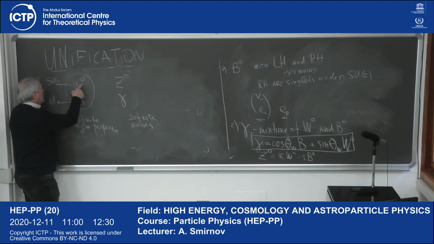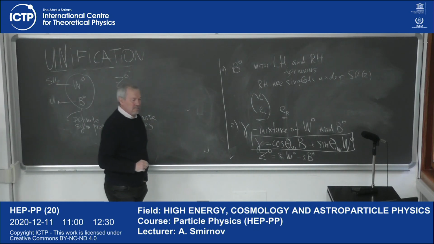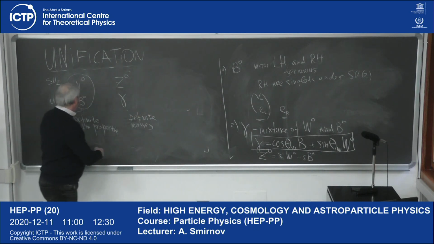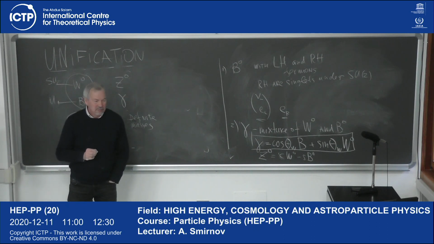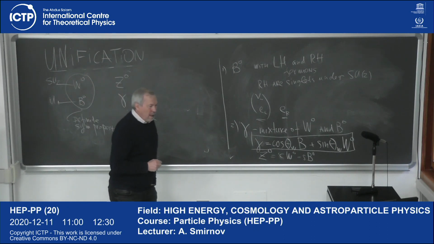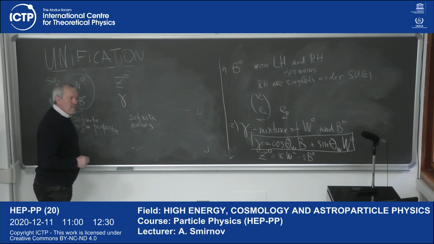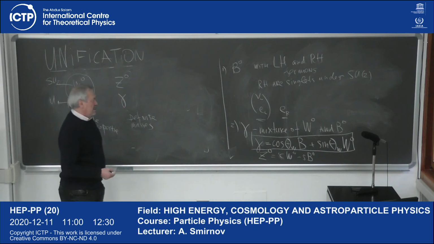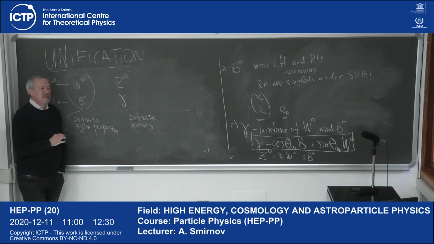So W0 has weak isospin 1 because it enters a triplet. B0 has weak isospin 0, so that's a singlet. So W0 has the third component of weak isospin 0. Okay? So these have definite symmetry properties, weak isospin properties.